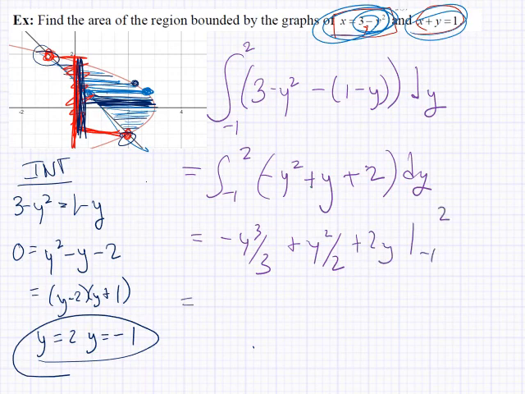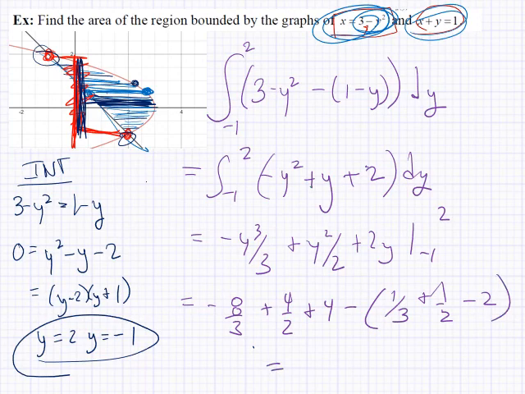Just plug all these numbers in, do your basic computation. So negative 8/3 plus 4/2 plus 4. Subtract out what happens when you plug in negative 1. So that's going to be what? Positive 1/3 plus 1/2 minus 2. Do your quick computation. You end up with, I come up with 31/3.